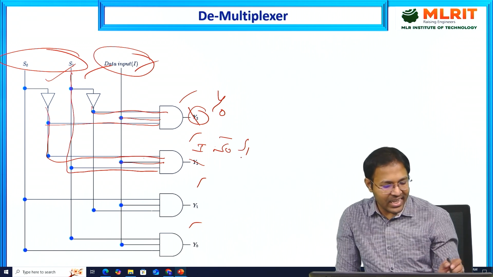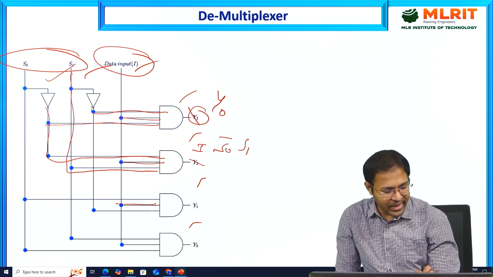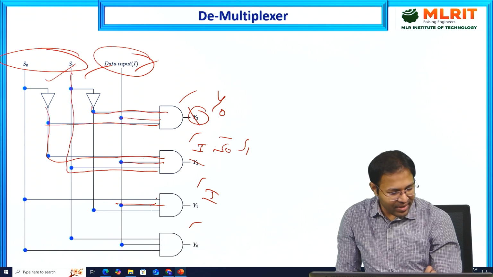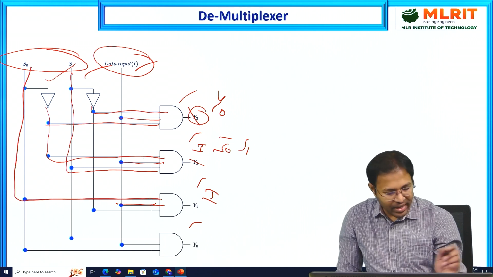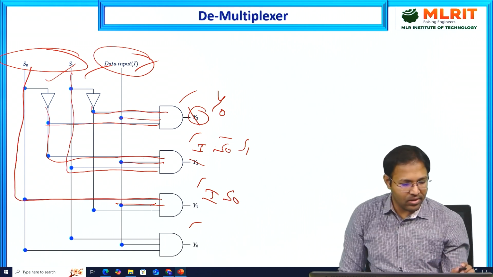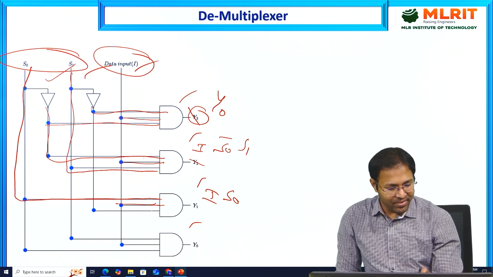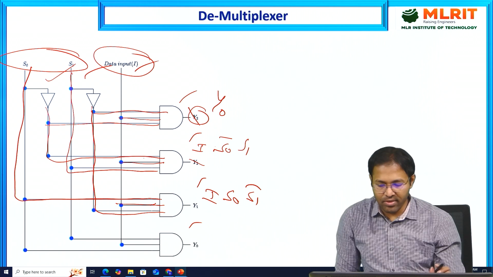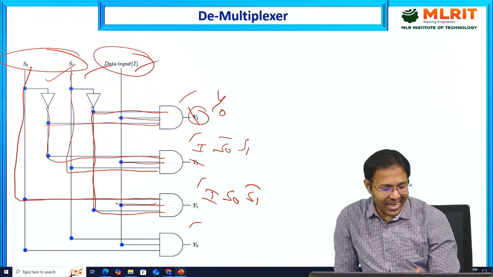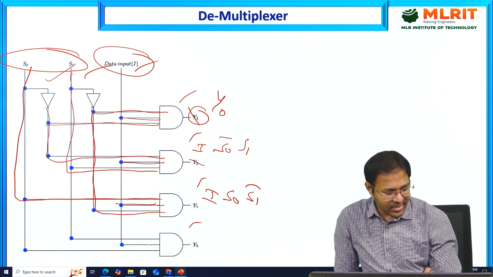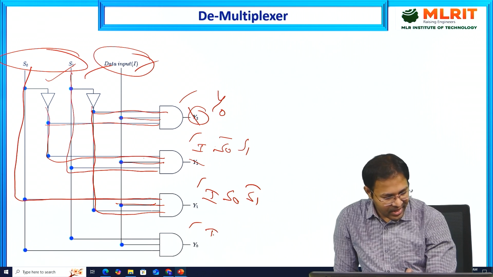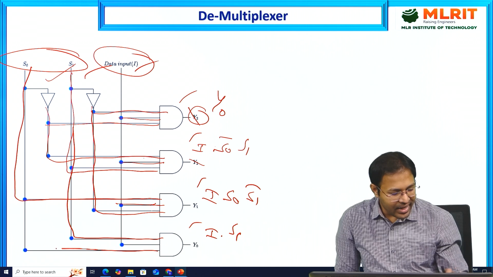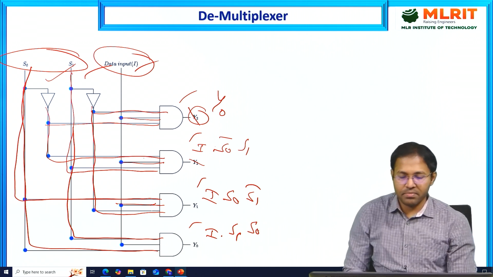Now let us see the other situation. We have I multiplied here. So I again, and then what do we have in this case? Here we have S0, and then here we have the case S1 bar. Then let us see the last case. The last case we have I again multiplied by S1 and then again multiplied by S0.